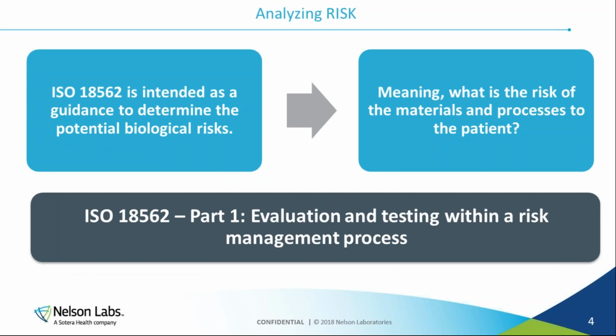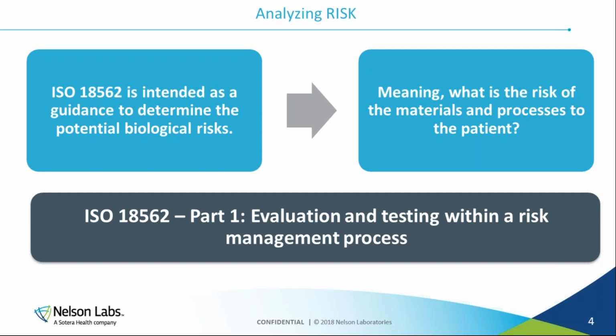So an important part of this full evaluation is to talk about risk. ISO 18562, the title of the document, is Evaluation and Testing Within a Risk Management Process. This mimics the title for ISO 10993 Part 1 as well.